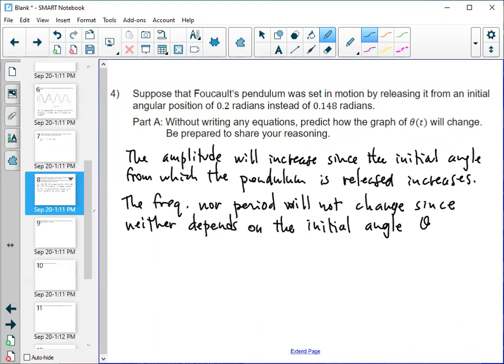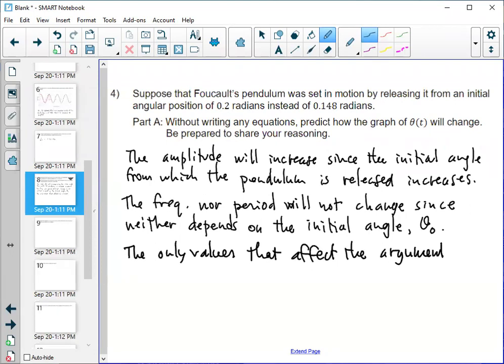And the initial angle is theta sub 0. The only values that affect the arguments of the cosine function would be g and capital L.